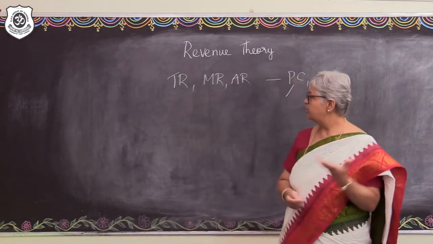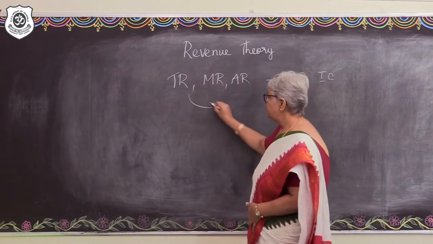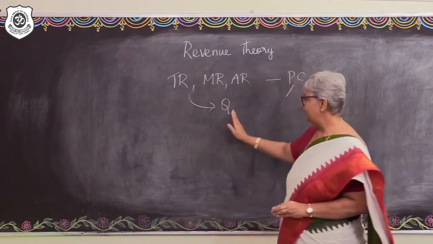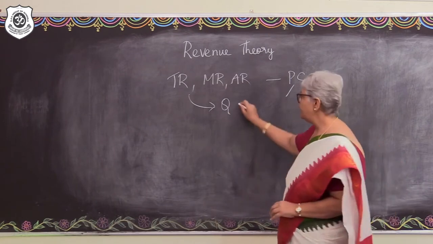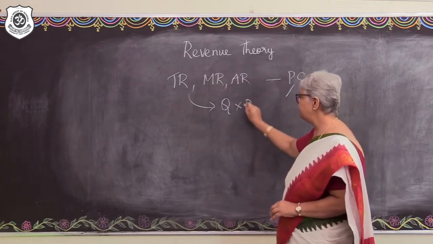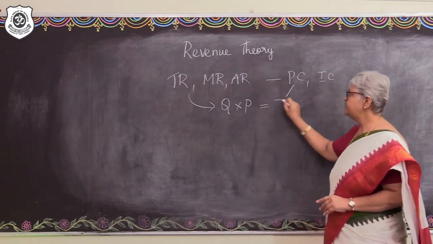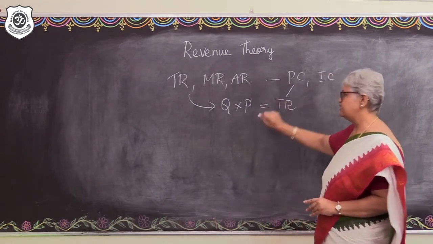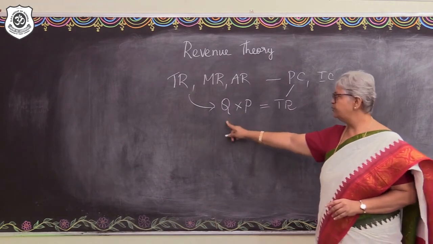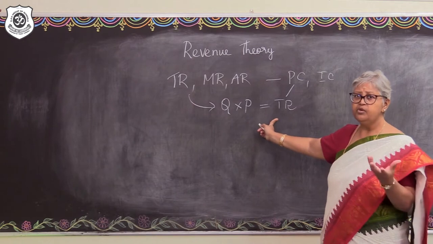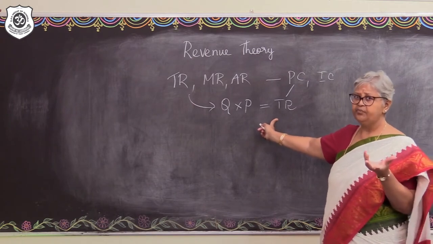In the production process, some output is going to be produced and that output is going to be sold at a particular value, and as a result, the revenue is going to be generated. So, output into the price would make up the total revenue for any firm.